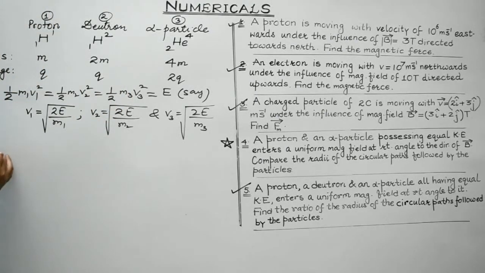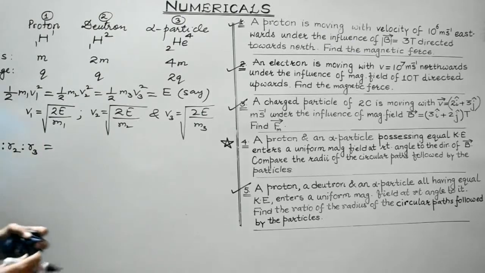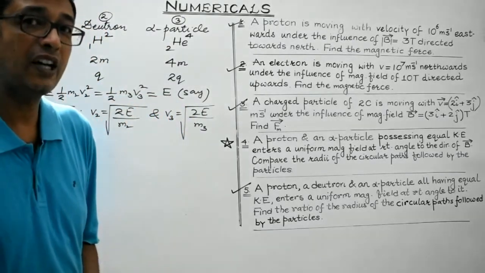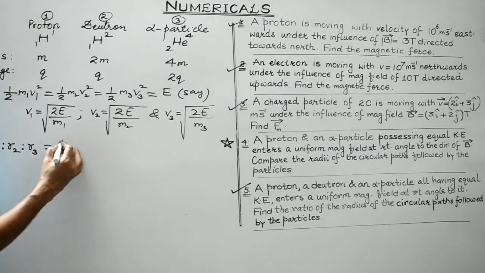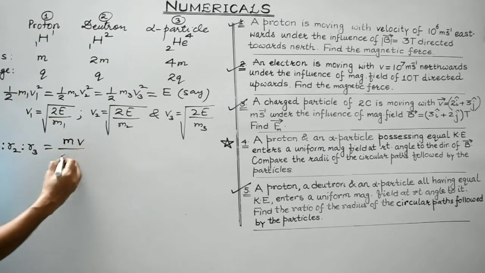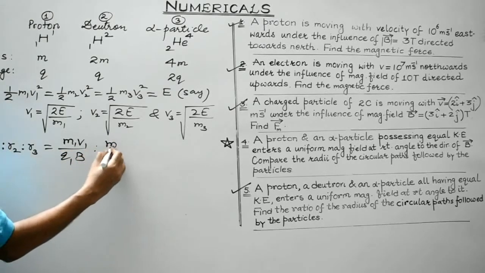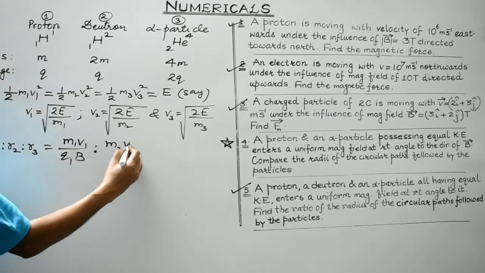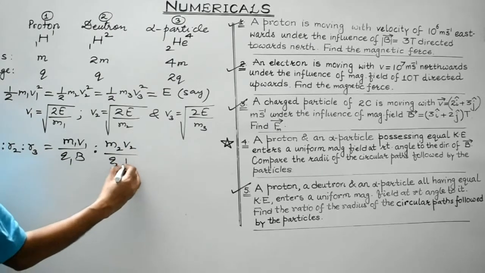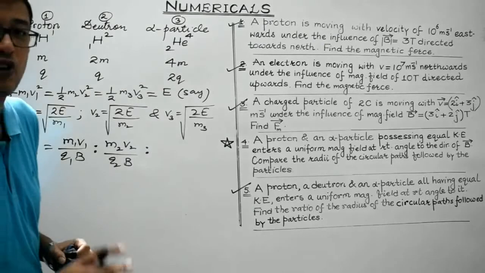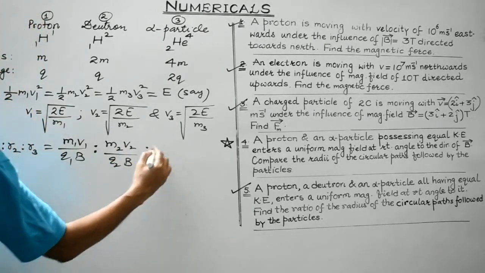Now we need to compare the radius of the circular paths followed by these particles. That is, we are supposed to find R1 is to R2 is to R3. So what's the formula for the radius of the circular path followed? It is mv divided by qB. That's the master formula. So R1 is m1v1 divided by q1B, R2 is m2v2 divided by q2B. One thing should be noted down, magnetic field is uniform, so in all the three cases it will be same.